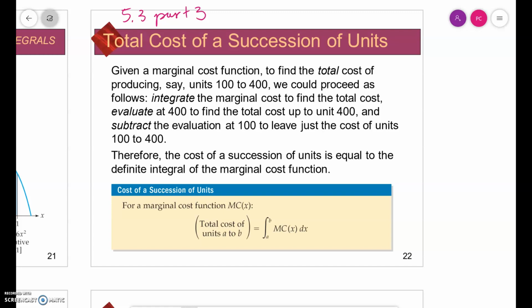Therefore, the cost of a succession of units is equal to the definite integral of the marginal cost function. Okay? So to find total cost, we integrate that marginal cost function and evaluate from whatever units we need to.